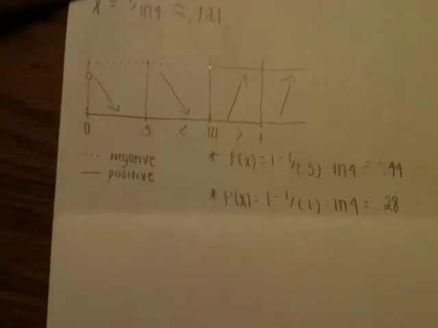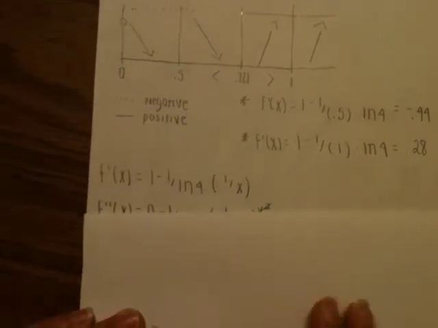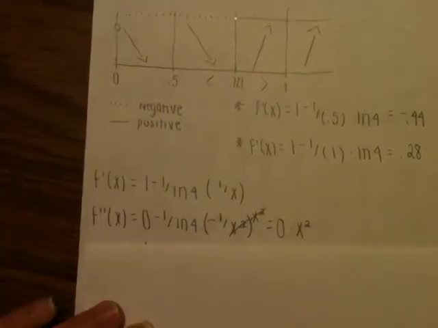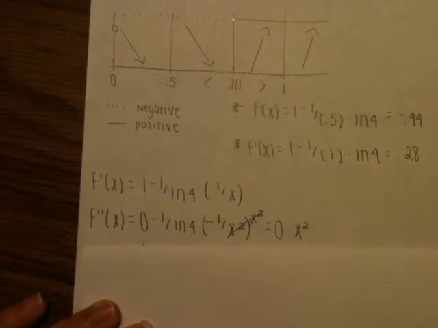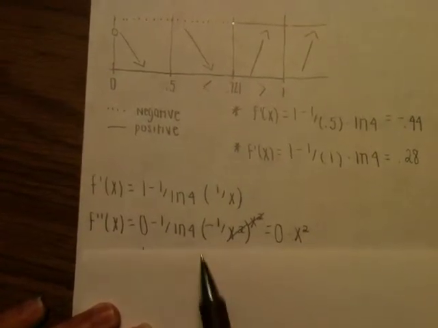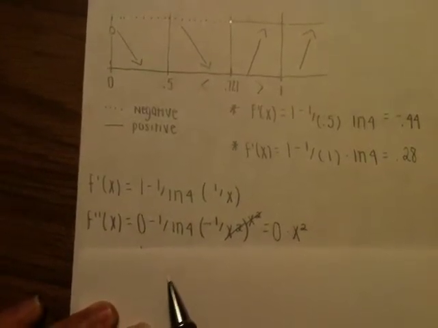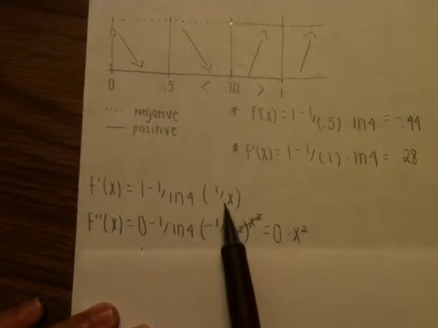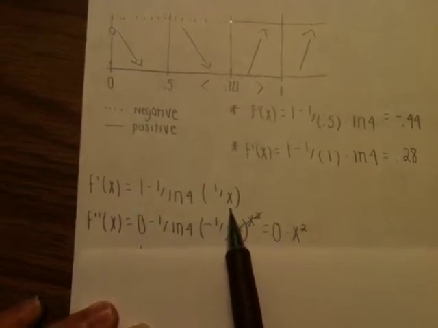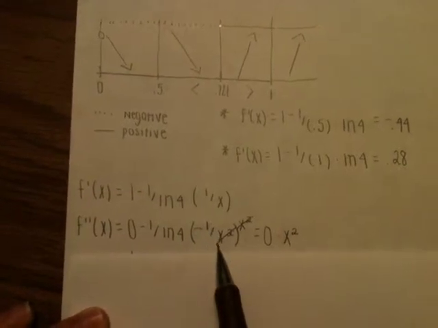After determining increasing and decreasing, you want to take the second derivative and set it equal to 0 to determine if there is point of inflection. So, the derivative of 1 is 0 because all constants are 0. Then, 1 divided by the natural log of 4 will sit out as a multiplier and leave that multiplied by the derivative of 1 divided by x, which is negative 1 divided by x squared.